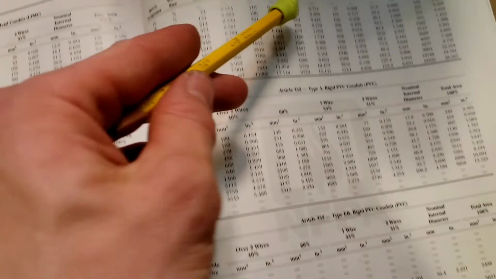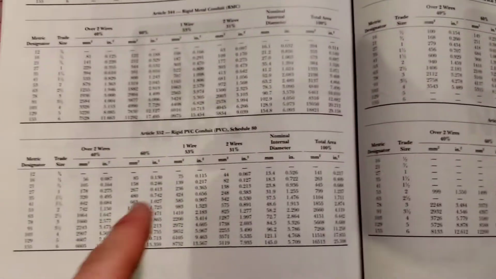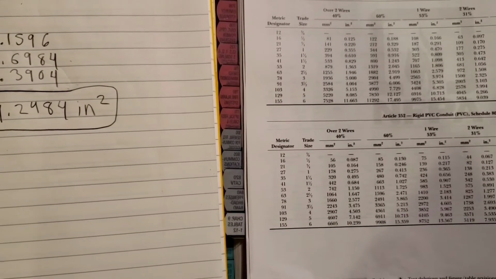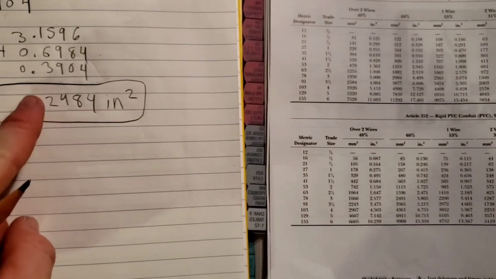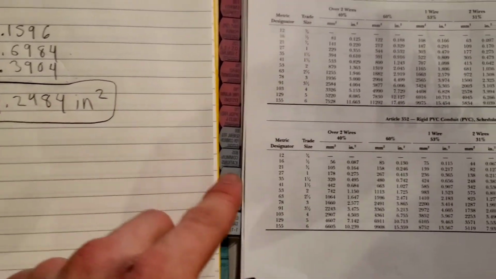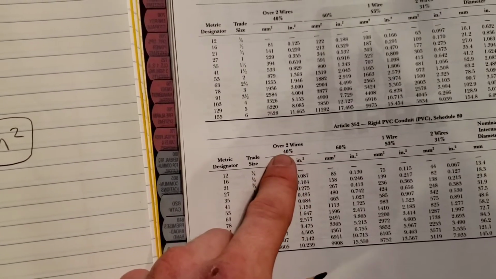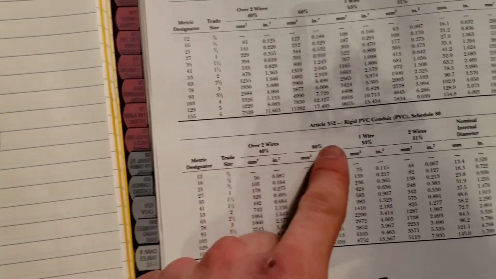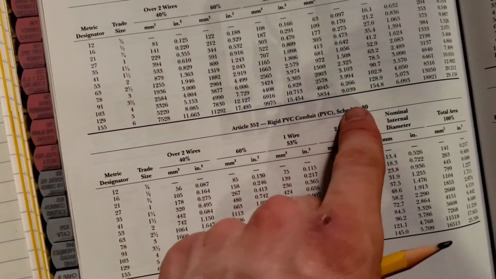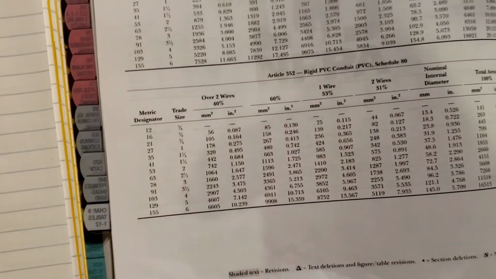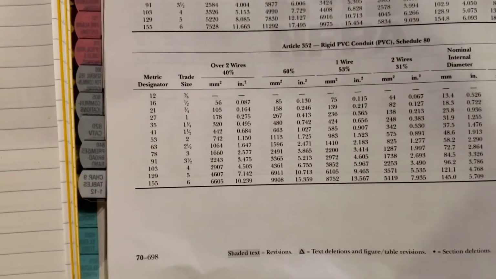Right here you have your PVC schedule 40, and right here you have your PVC schedule 80. So let's find this number in the inches squared section of our 40% over 2 wires section in our schedule 80 PVC table.